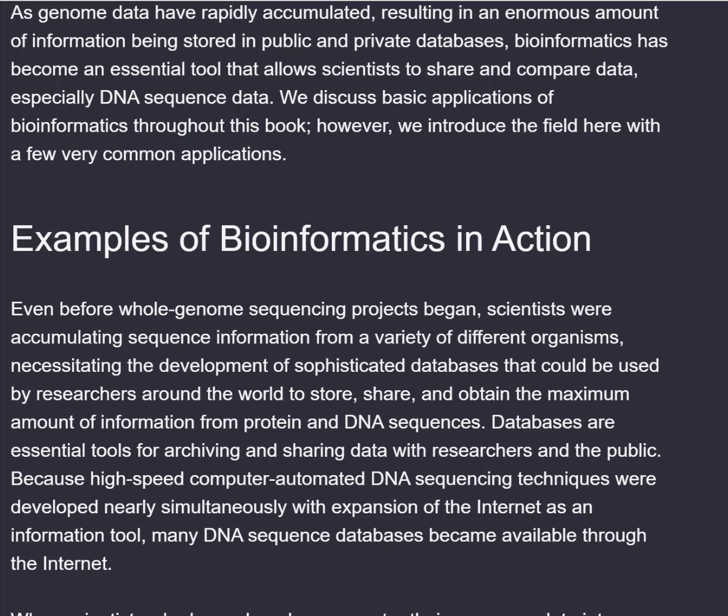As genome data have rapidly accumulated, resulting in an enormous amount of information being stored in public and private databases, bioinformatics has become an essential tool that allows scientists to share and compare data, especially DNA sequence data. We discuss basic applications of bioinformatics throughout this book, however, we introduce the field here with a few very common applications.